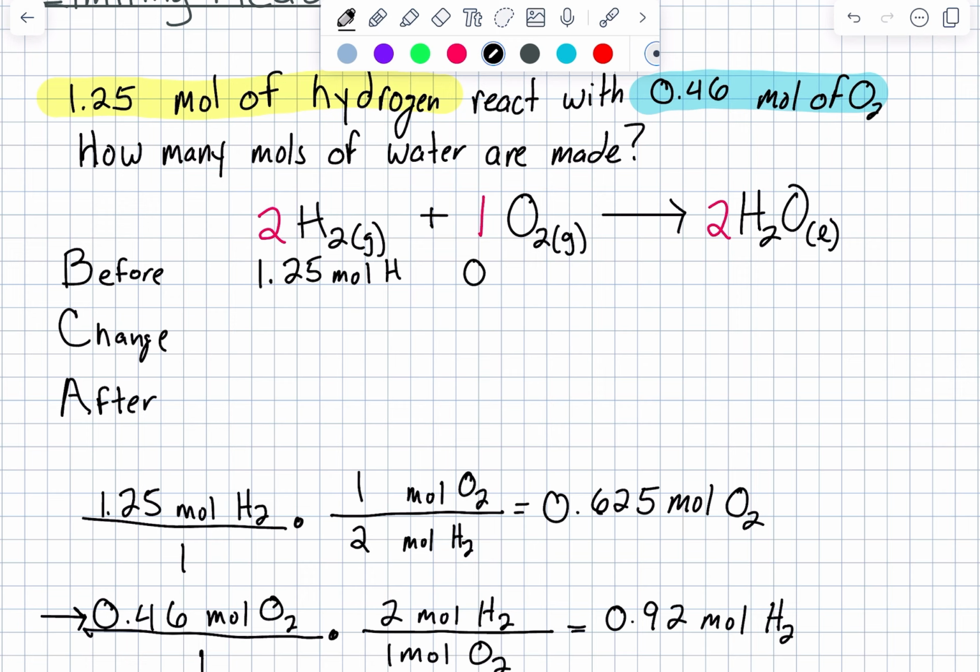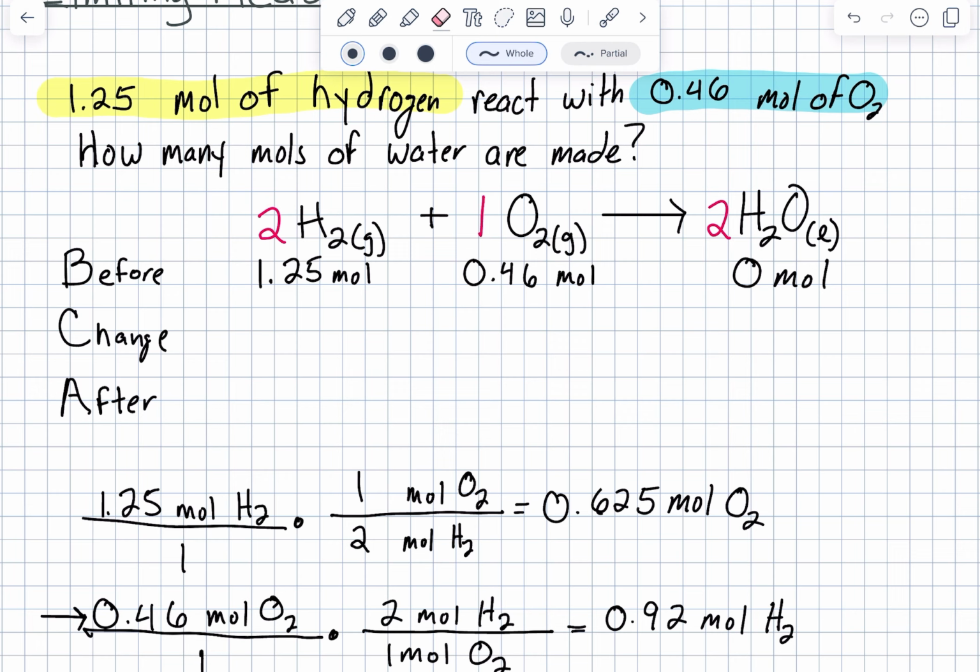I measured 0.46 moles of oxygen. And how much water did I have? Well, it's before the reaction happened, so I have 0 moles at the start. Therefore, I have nothing at the start. So your products are always going to be 0 for your before.